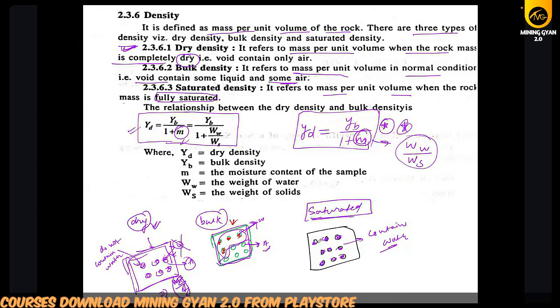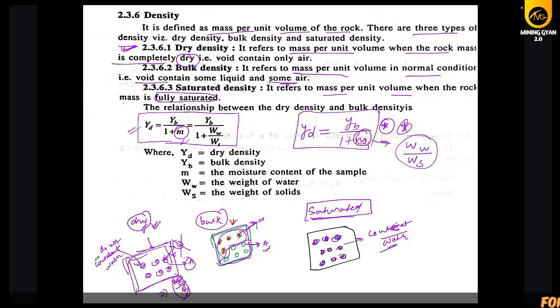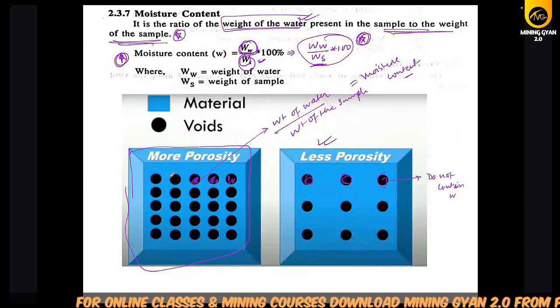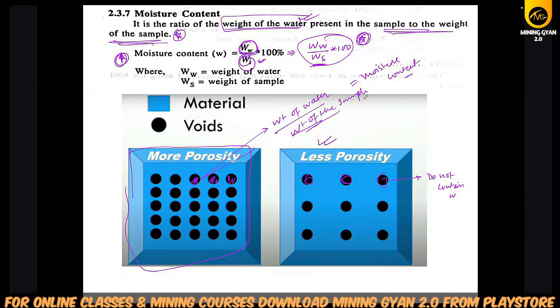And saturated, when all the holes contain water, then we call it saturated. Then we have seen the relation. The dry density equals bulk density divided by 1 plus moisture content. And we have seen moisture content, that means weight of the water divided by weight of solid. That's simple.